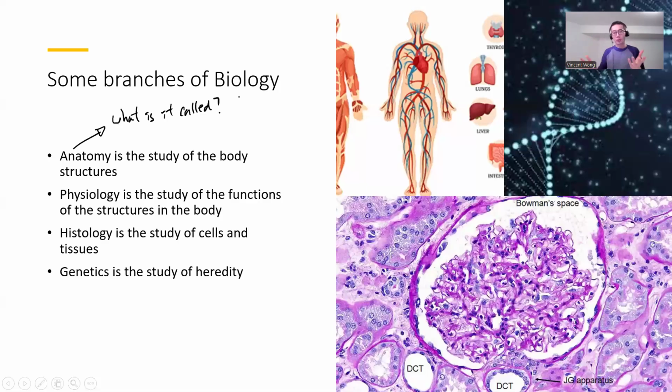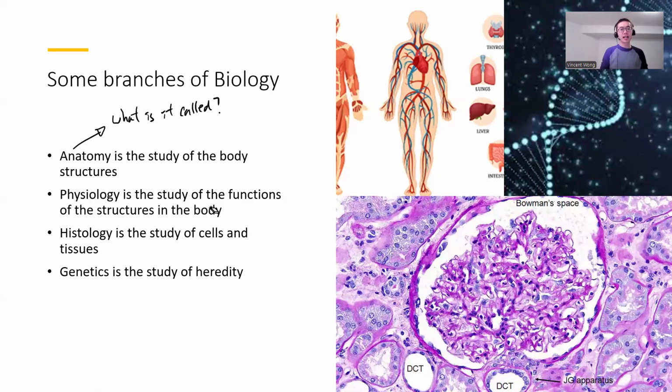If we look at the heart, we say this is called the aorta, this is called the atrium. The name of the body parts, the name of the organs, that's anatomy. That's a branch of biology. You need to know what things are called before you can study them. You gotta give it a name.